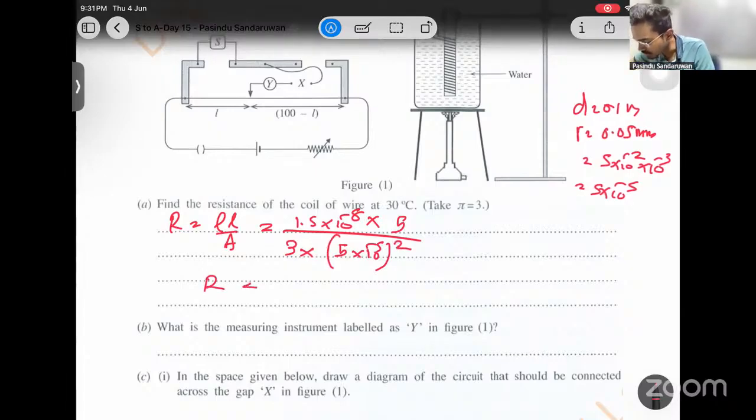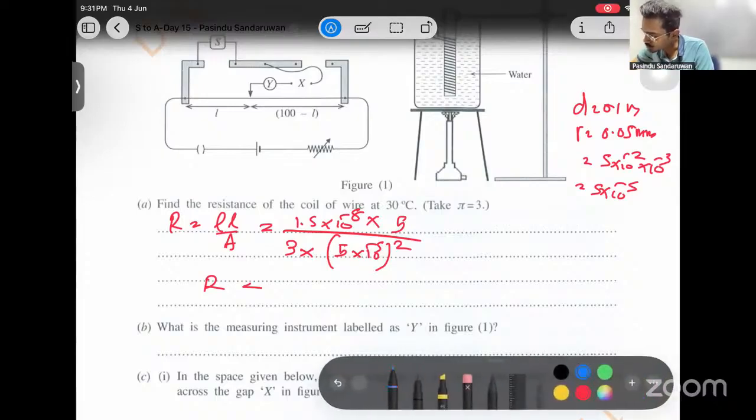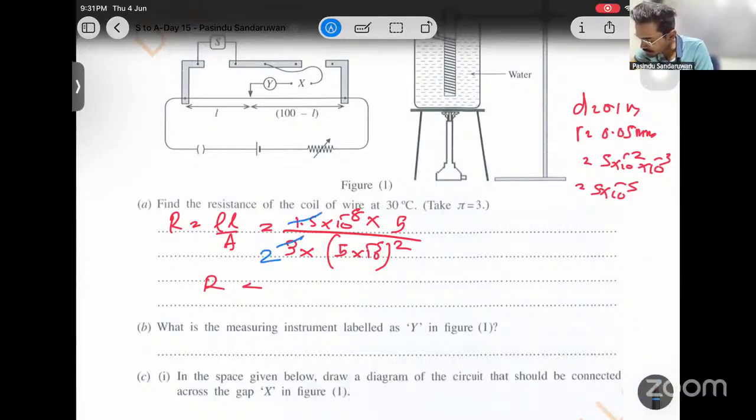Right? Now I have to simplify. Then simplify. This is 1.5 times 10 to the minus 8 times 5, over 25 times 10 to the minus 10.